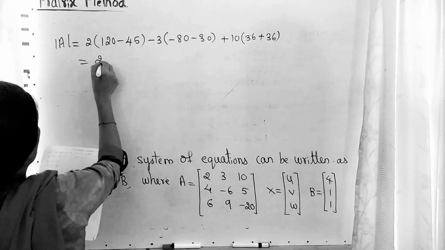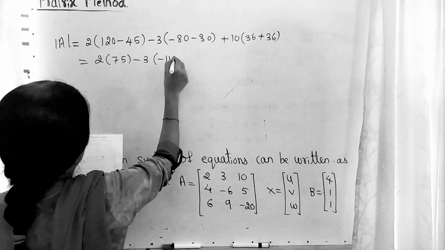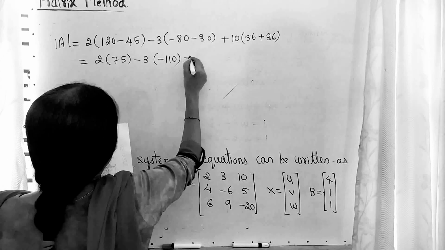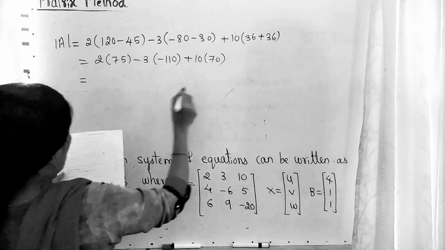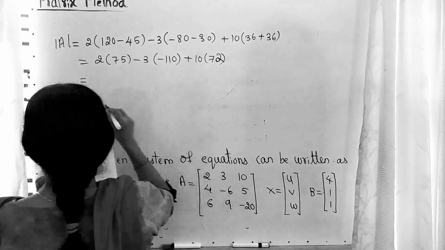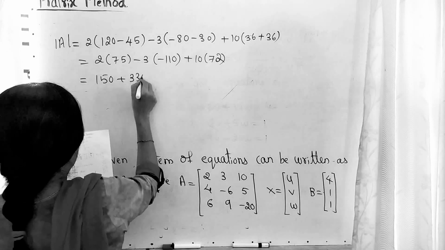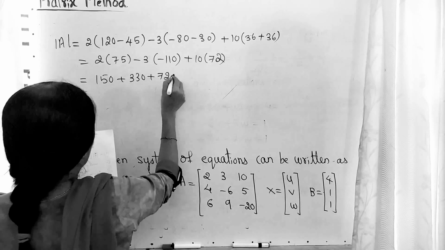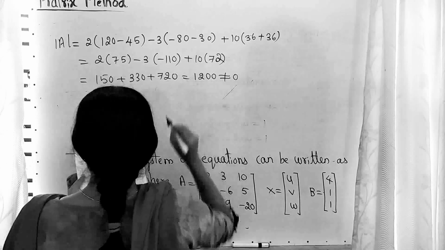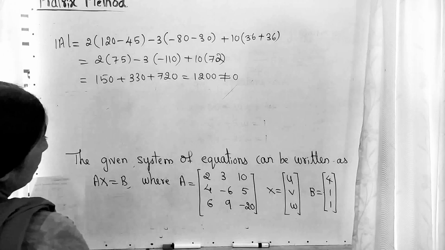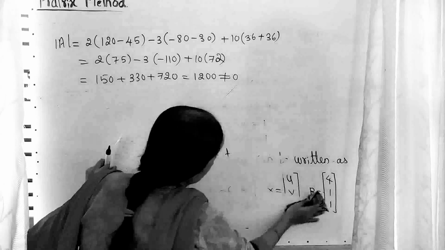It is 2 into 75 minus 3 into minus 110 plus 10 into 72. Next, 150 plus 330 plus 720. Final answer is 1200, not equal to 0. So it is not equal to 0, which means it is non-singular, hence the inverse exists.